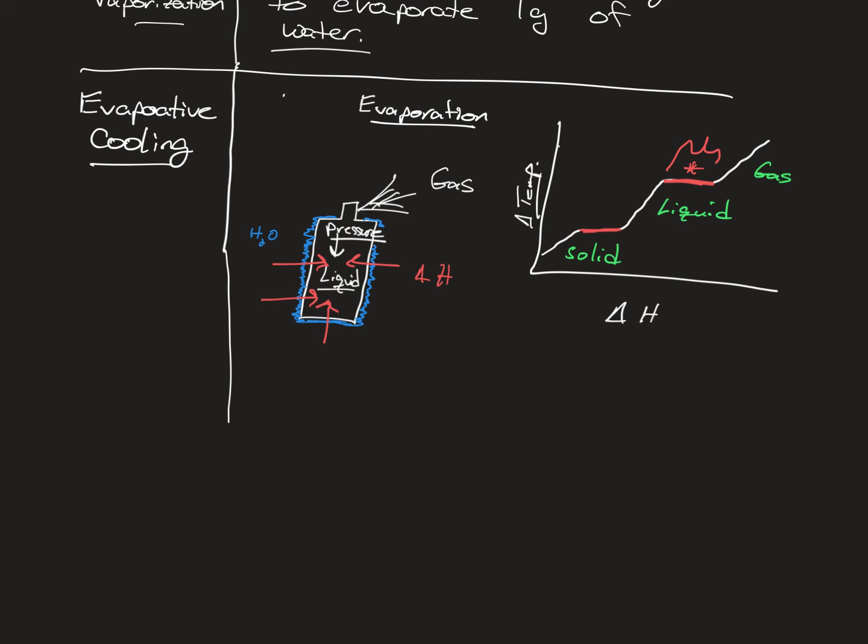By the way, that's how air conditioners work. That's how your refrigerator works. Your refrigerator and your air conditioner have a compression pump. It compresses the air. Then it's a liquid. And then it pushes the liquid through coils.